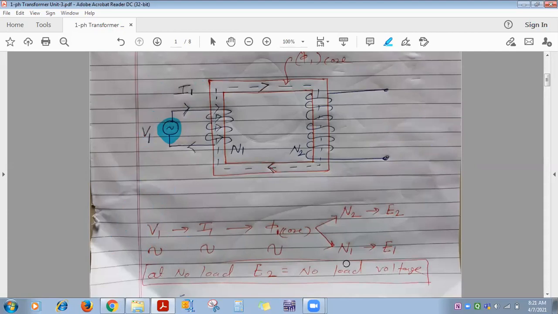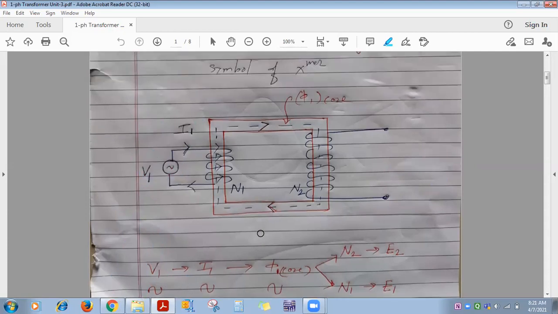Now I'm going to explain to you the working principle. Working principle means how it transfers electrical energy from primary to secondary, and how it is going to step up or step down the voltage. Now AC input voltage, this is the symbol for AC voltage source.